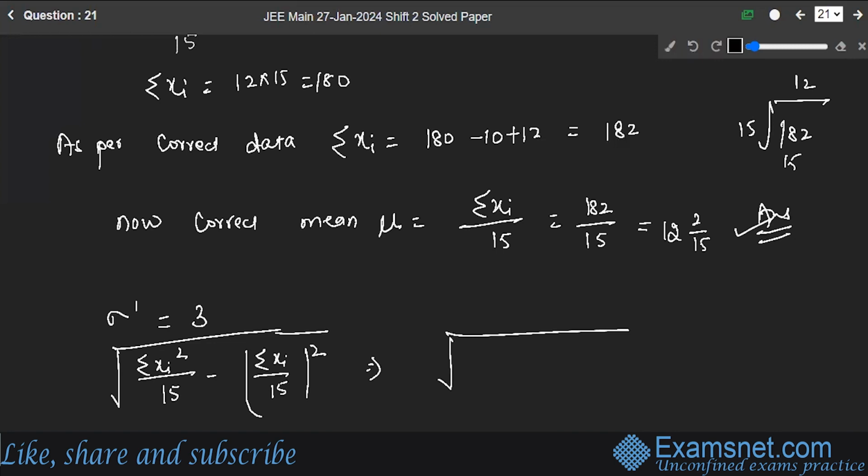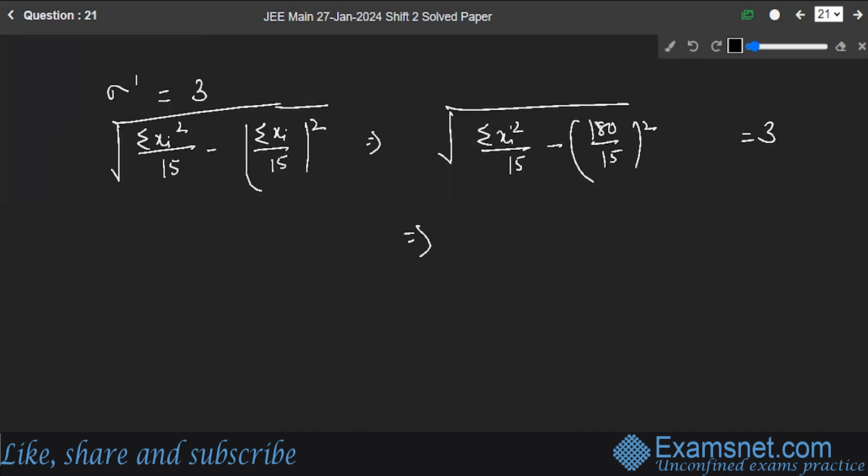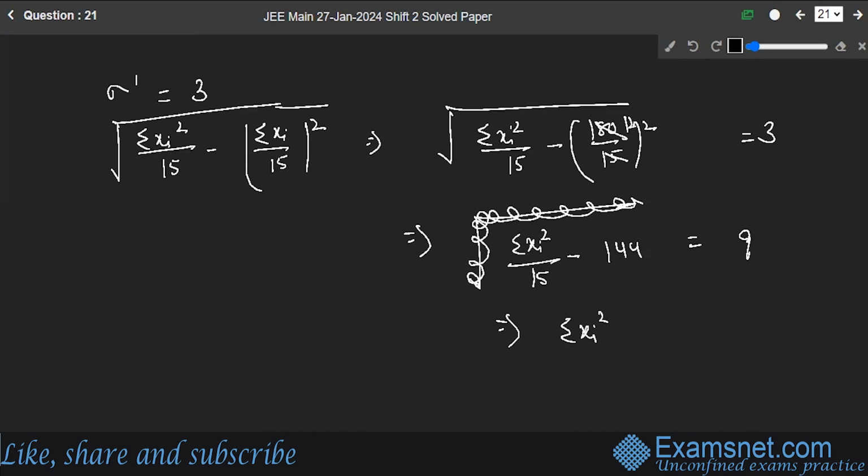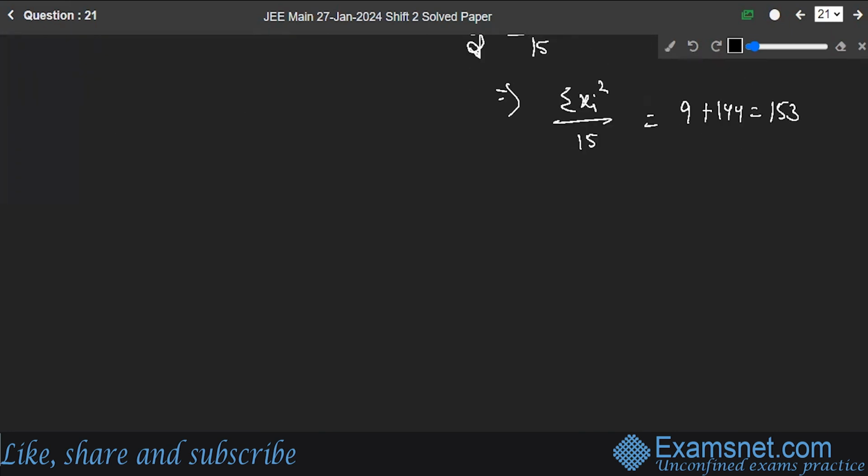So summation xi square upon 15 minus 180 upon 15, which gives you 12, squared, that is 144, is equal to 9. So summation xi square upon 15 is equal to 153. So summation xi square will be 153 into 15, which is equal to 2295.